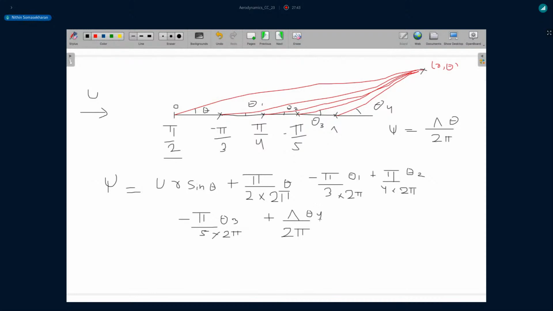Now here you need to make a parallel between the Rankine half body and this scenario. So in the Rankine half body, we all knew that the stagnation streamline had an equation of psi equals 0. And you basically had a stagnation point at theta equals 0 and theta equals pi, all right?